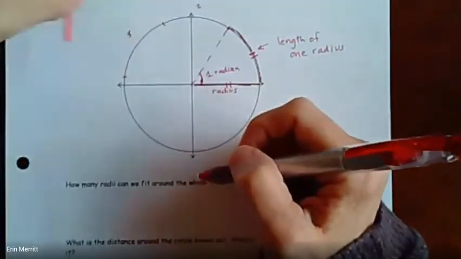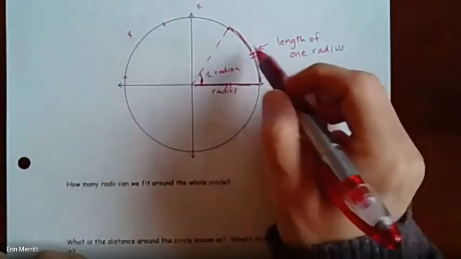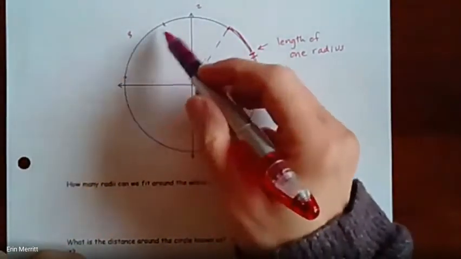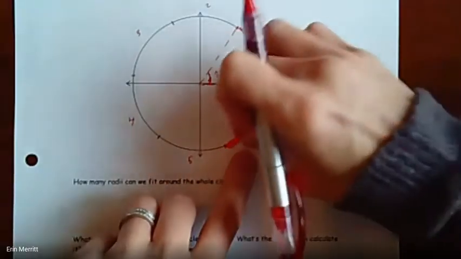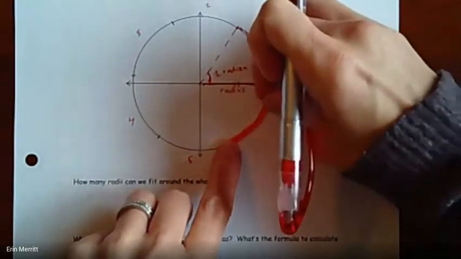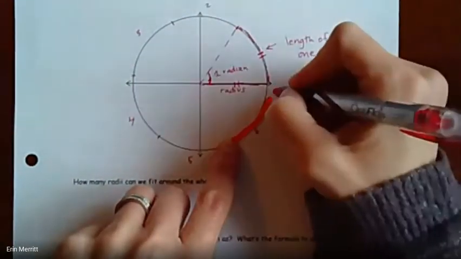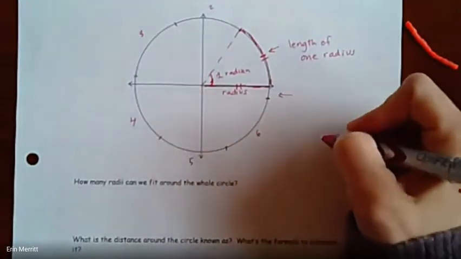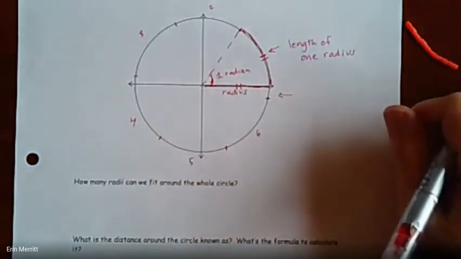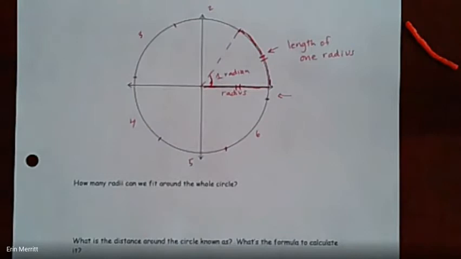So if you look, 3 is not quite half a circle. A little bit more than 3 would be that 180 mark. And now if we keep going, here is 6. And then we've got a little left over. So you still have this little remaining extra part. So when it says how many radii can we fit around the whole circle, 6 and some change.